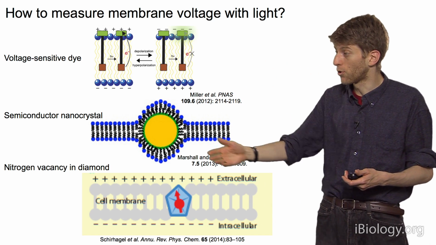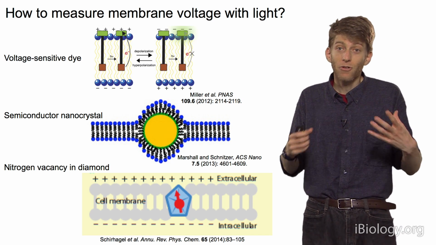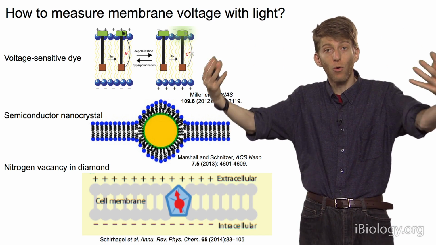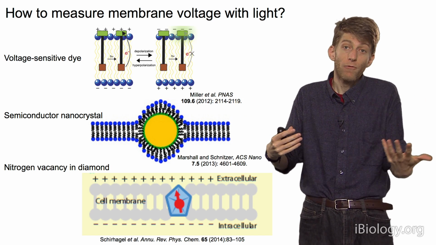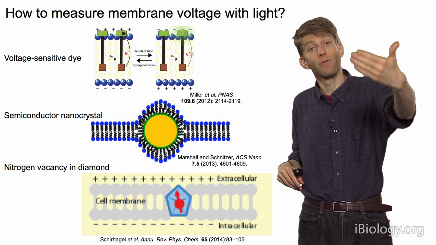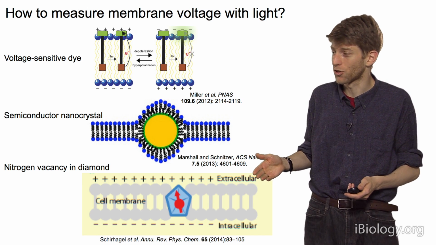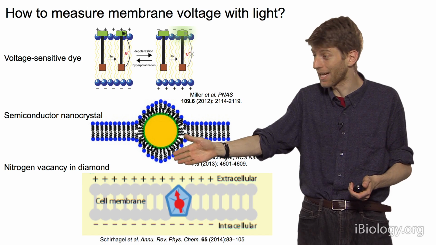Other people are trying to put semiconductor nanocrystals in lipid membranes. These nanocrystals have quantum mechanical delocalized electronic states. Membrane voltage can again shift the relative energies of these states and adjust again the fluorescence properties of these crystals. Other people are working with objects called nitrogen vacancies in diamonds.